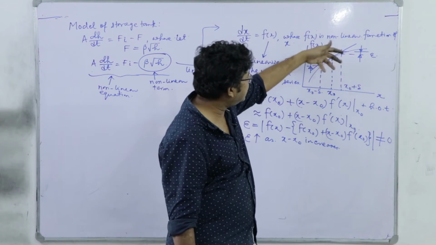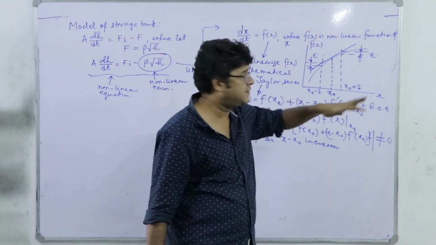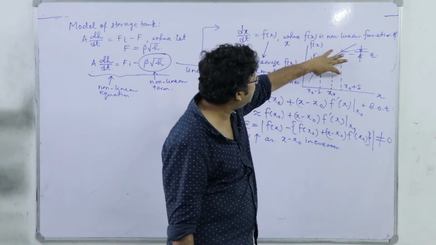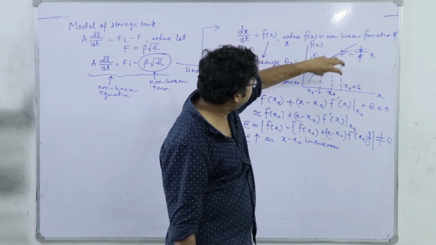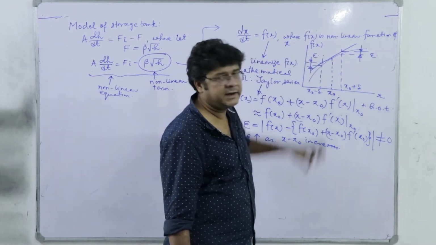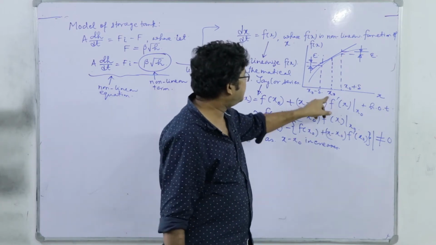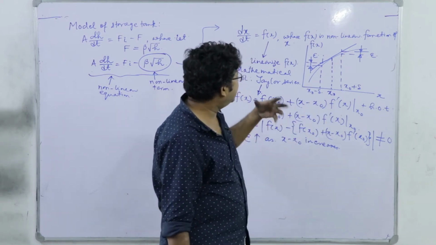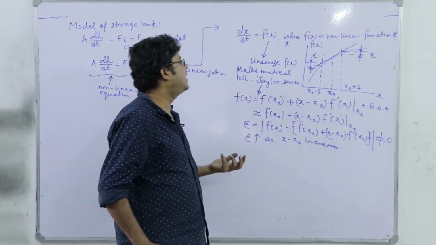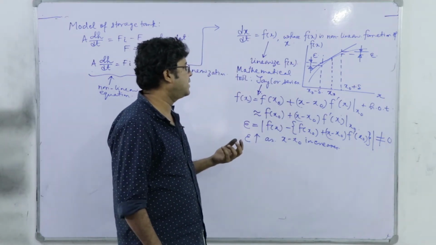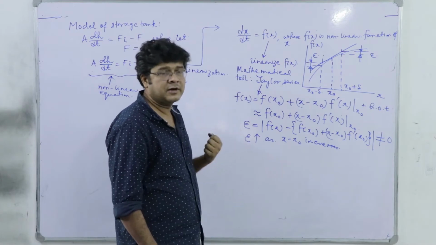That depends on the type of the system, the nature of the curve, etc. But theoretically we can understand that we have to be close to that point x0, because as we move away from the base point x0, the error of replacing this f(x) by its respective Taylor series expansion progressively increases.